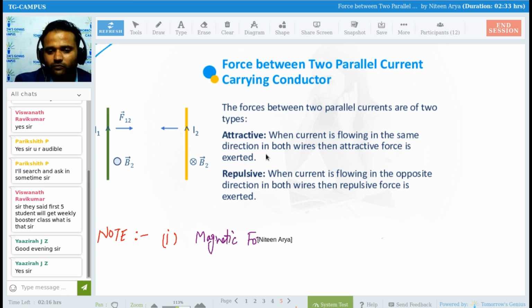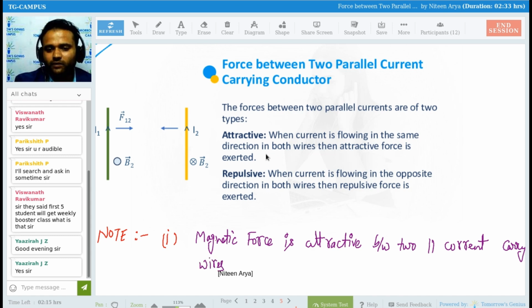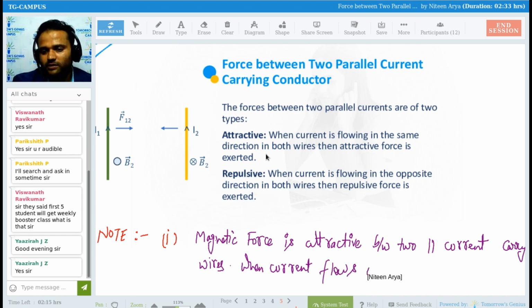Magnetic force is attractive, that is good, short and subtle, attractive between two parallel current carrying wires when current flows in the same direction.